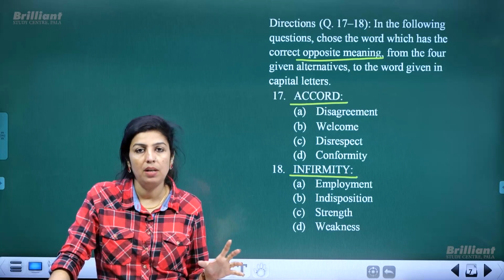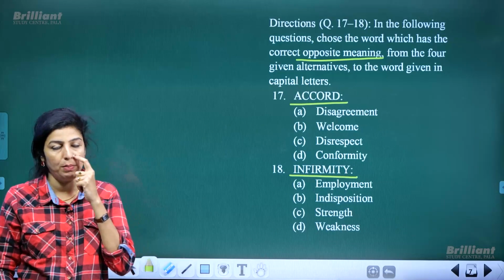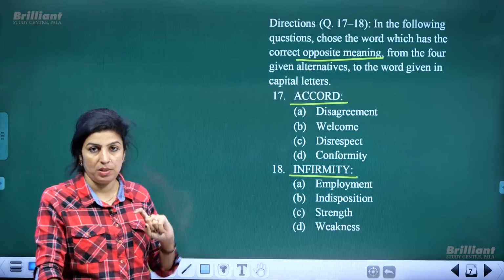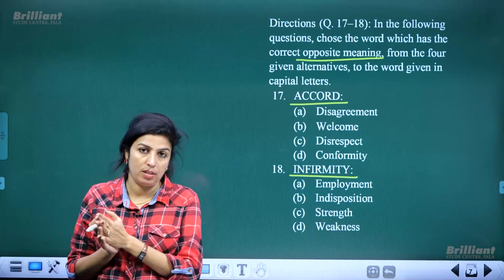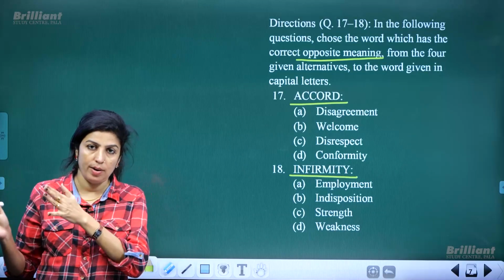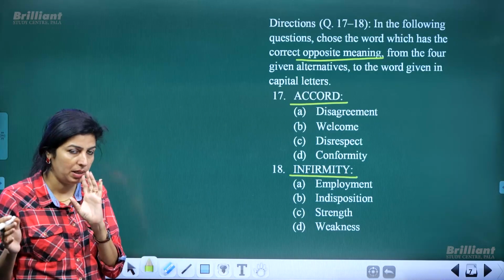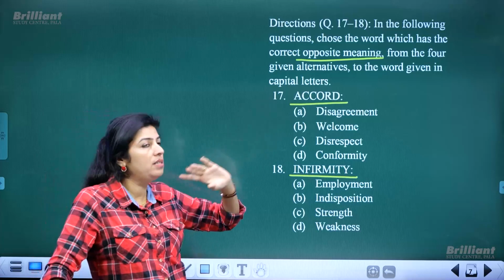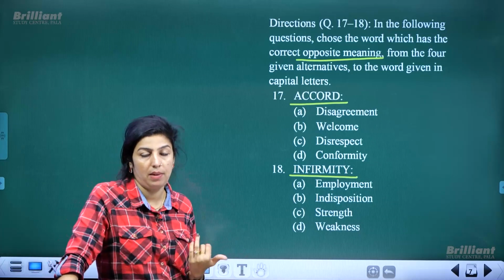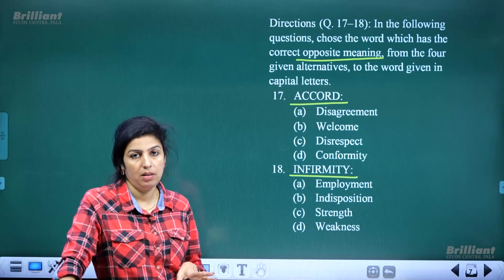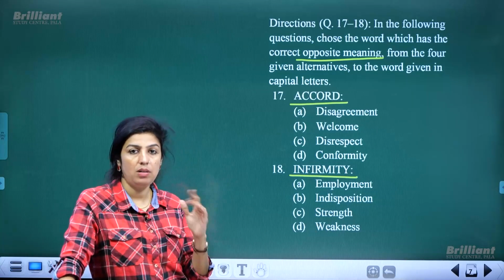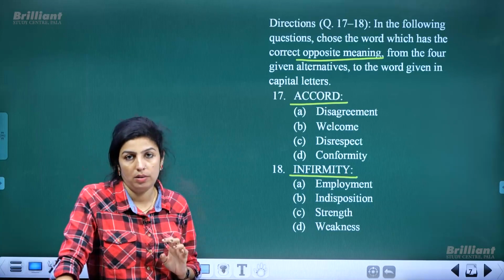Without knowing the meaning, you will not be able to get the opposite. Accord, or in accordance with, has similarity in meaning, which means agreeing with something or someone. In agreement with something or someone is what you call accord.